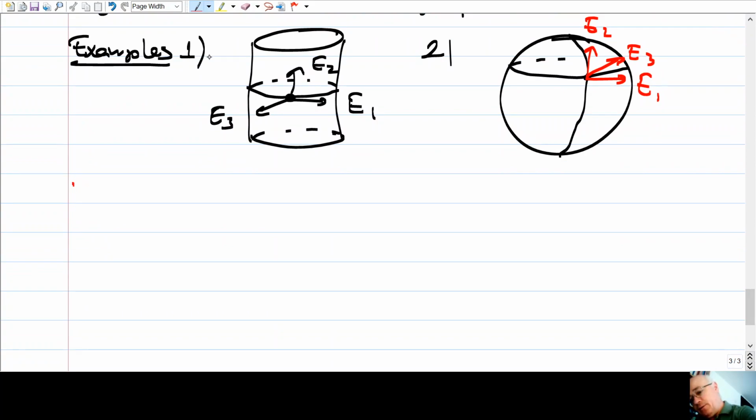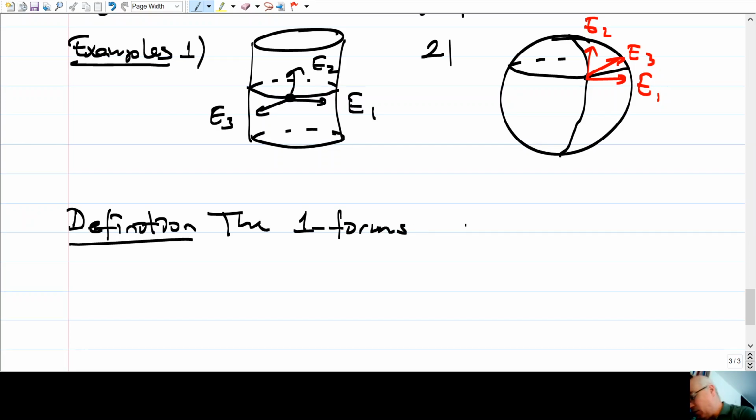We have another definition. We have defined connection one forms for a frame in R3. Now, for the adapted frame on a surface, connection one forms get different names. The one forms omega ij defined by, we already defined these by the equation.